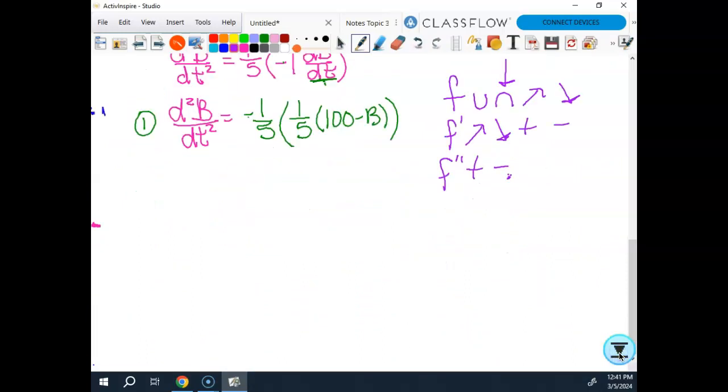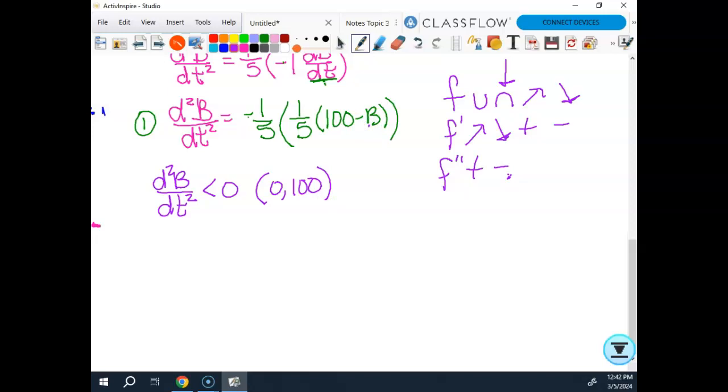So let's put that in words somehow. I would say d2B over dt squared is less than 0 from 0 to 100. Do you agree with that? Because if I put anything less than 100 in there, my answer is going to be negative, right? Okay?